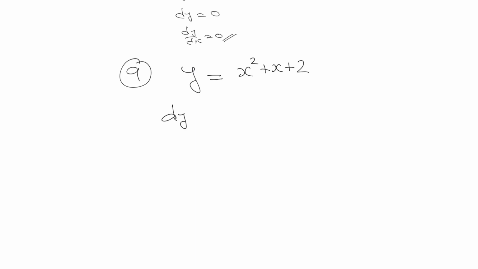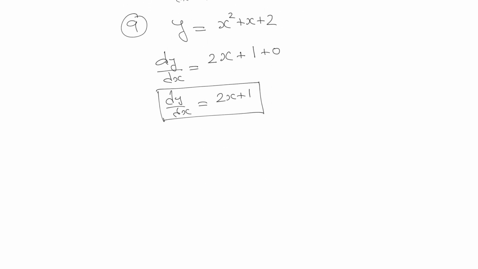So we can write dy by dx is equal to differentiation of x square. We know that it is 2 into x raised to 2 minus 1, that is 1, plus differentiation of x with respect to x, which is nothing but 1, and differentiation of any constant will be equal to 0. So we will get the value of dy by dx is equal to 2x plus 1.